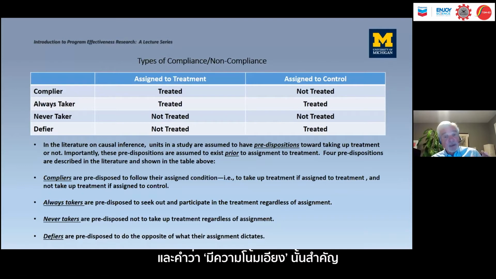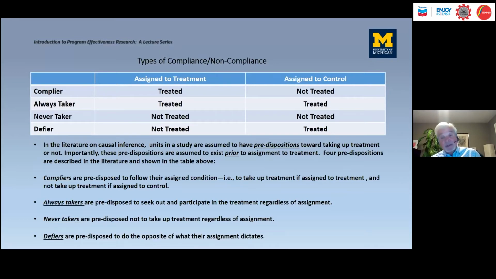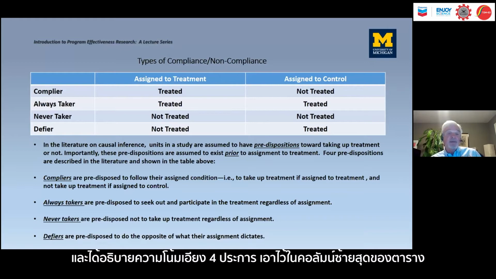And that word predispositions is important because these predispositions are assumed to exist prior to assignment to treatment. And 4 predispositions are described, and those are described in the left-hand most column of the table.